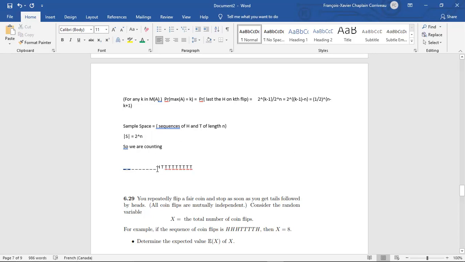Or you do a counting argument. You count the number of sequences in total that looks like this. And this is position k. So the number of sequences like this, where this is position k, is 2 to the k minus 1, because this is free. I have no restrictions here.